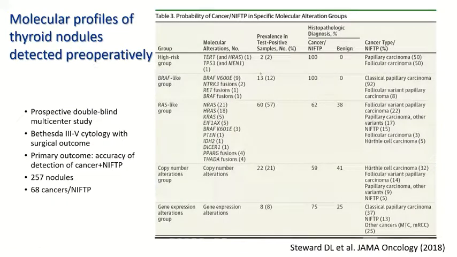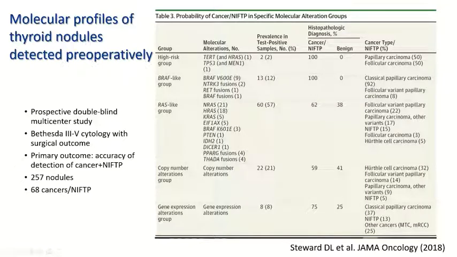So how can we approach this in a clinical setting when we have molecular testing now to try to predict not only the diagnosis, but also tumor behavior and possibly susceptibility to radioactive iodine, sensitivity to RAI?